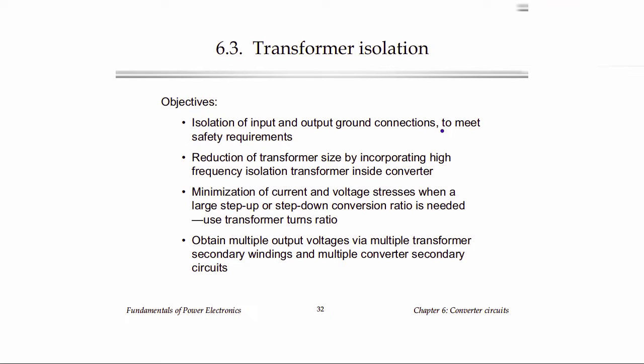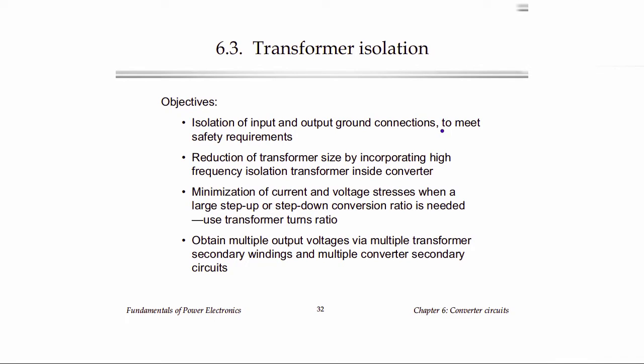The size of the transformer scales more or less inversely with frequency. So if we can build a transformer that operates at the converter switching frequency, say 100 kilohertz, instead of 60 or 50 hertz, the size of the transformer and its weight can be reduced by a very large margin.